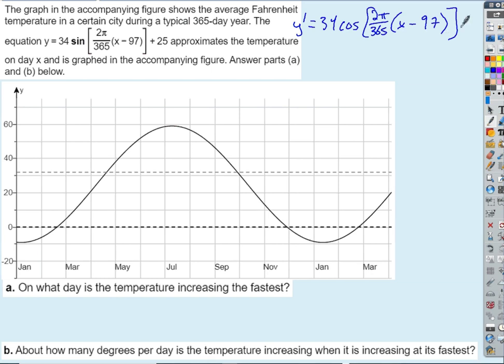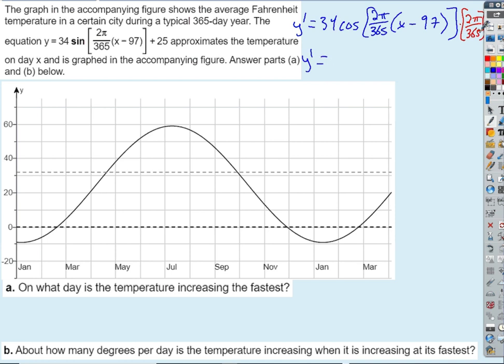So that's going to be multiplied by 2 pi over 365. Okay, so let's simplify that whole thing. So y prime equals 34 times that.